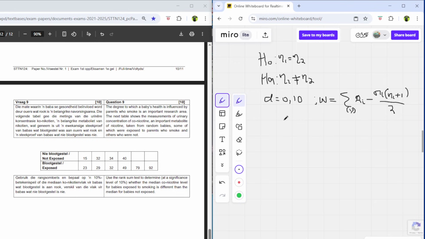That is the formula, it is in the slides and in the textbook as well. So that is how you write it there.